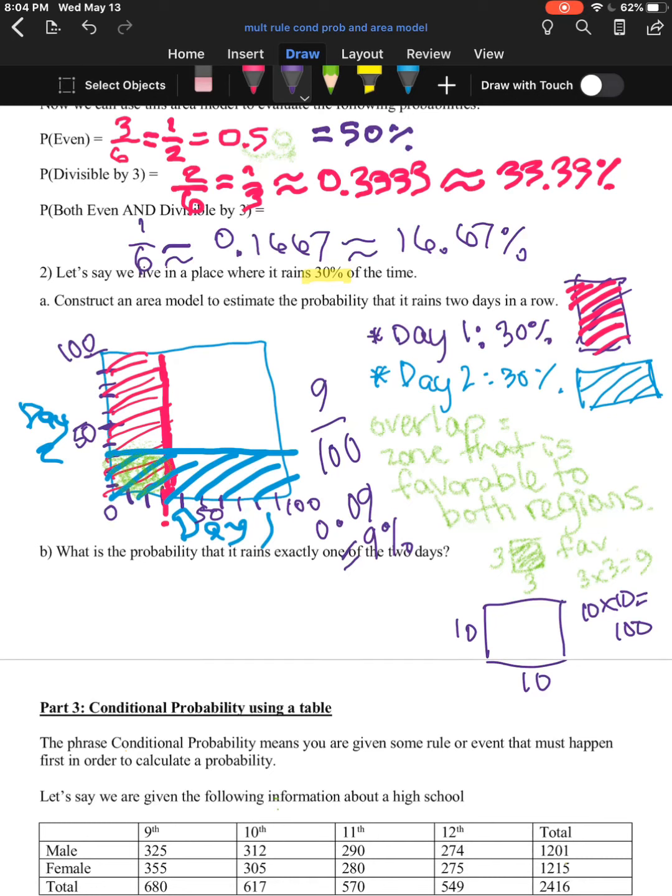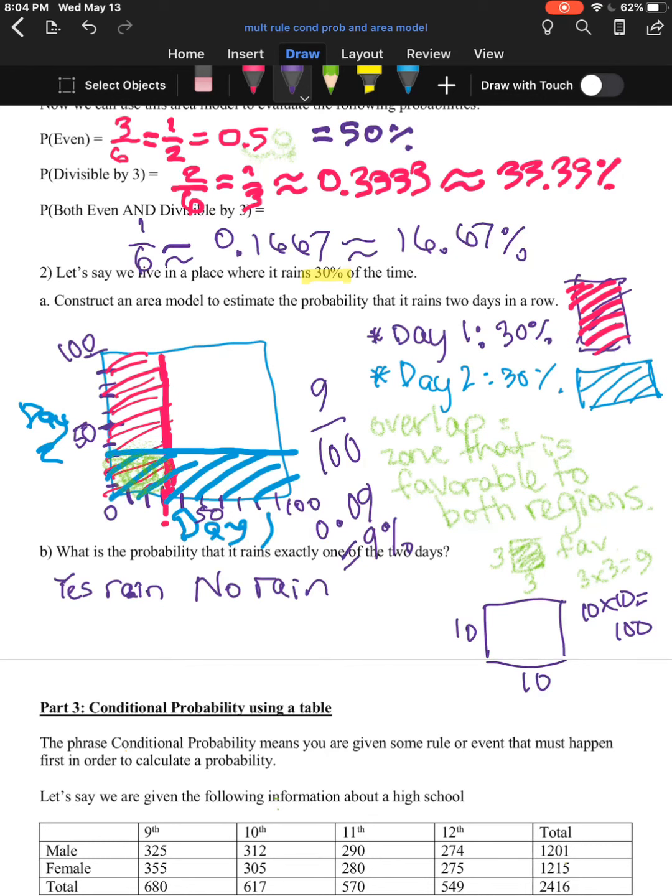Part B, what is the probability that it rains exactly one of the 2 days? Well, we can already use our model. So if it rains one of the 2 days, that means we have yes rain and a no rain. So if it rains on day 1, we could use the same vertical space to look at it.